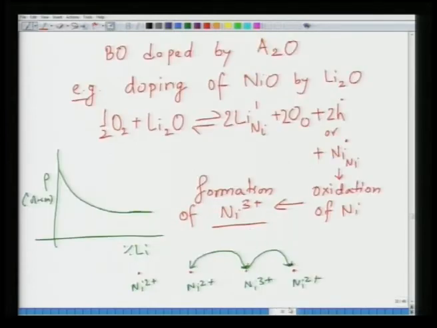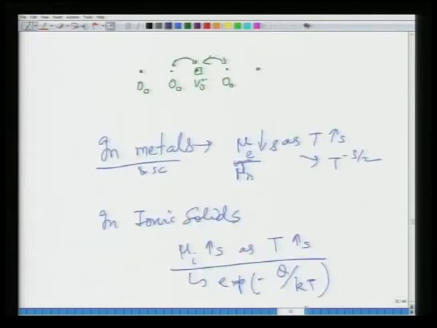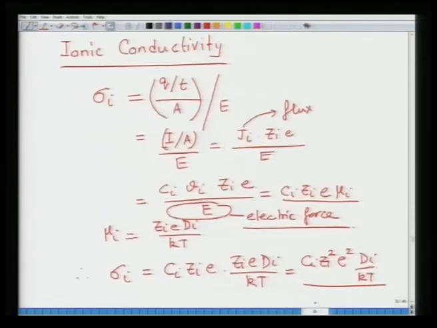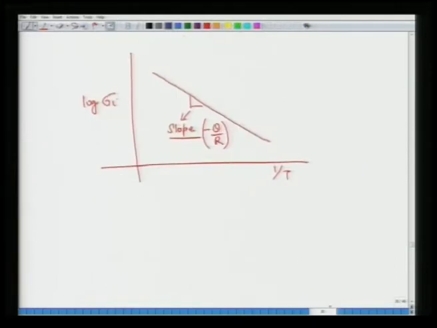As a result, you have different dependence. And then we looked at how the resistivity changes in an ionic solid, for example, in a doped oxide. Then we looked at what ionic conductivity is in these materials. Ionic conductivity is Ci, Zi, E, mu i, where mu i is the ionic mobility.